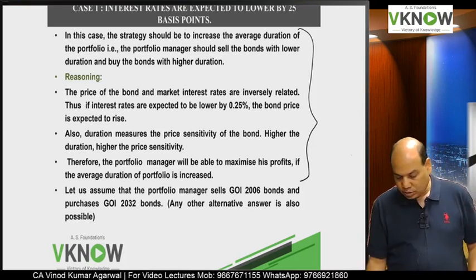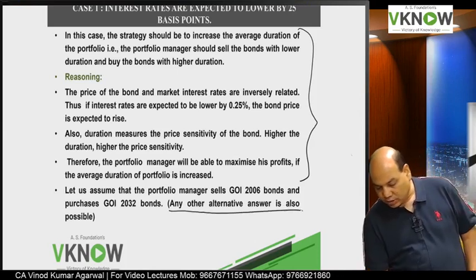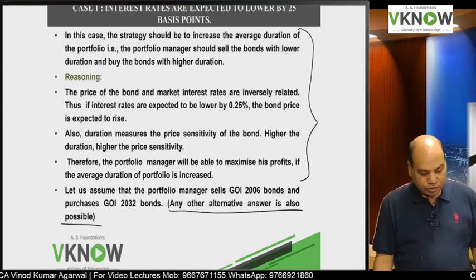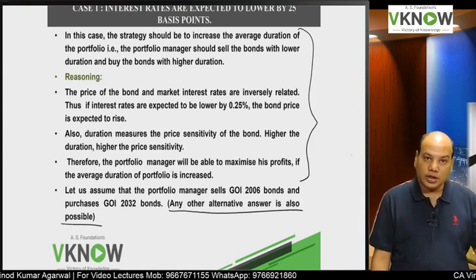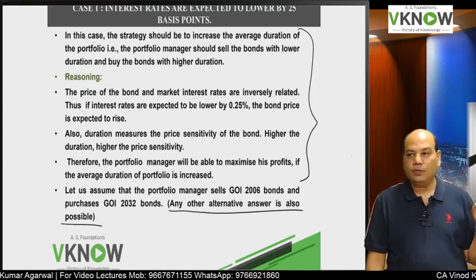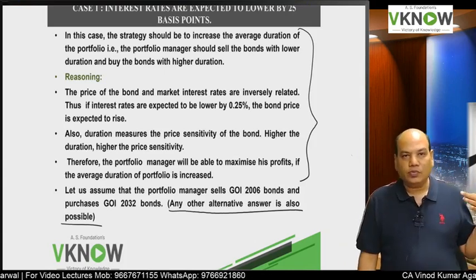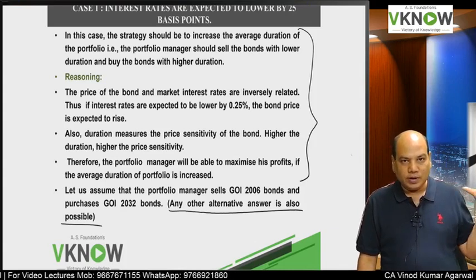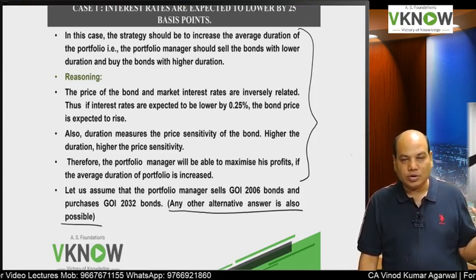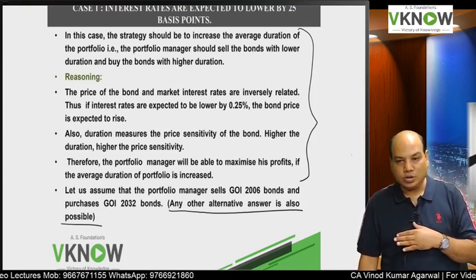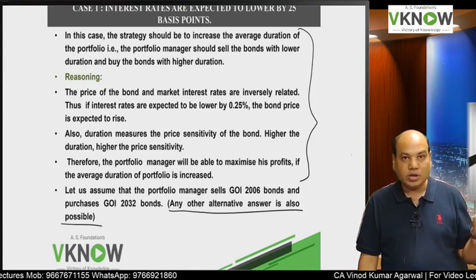Any other alternative answer is also possible, which means you can also sell 2010 bonds. If you are very sure that interest rates will fall and if you are willing to take risk, you can even sell 2010 bonds and put money in 2032 bonds. You can sell 2015 bonds also.